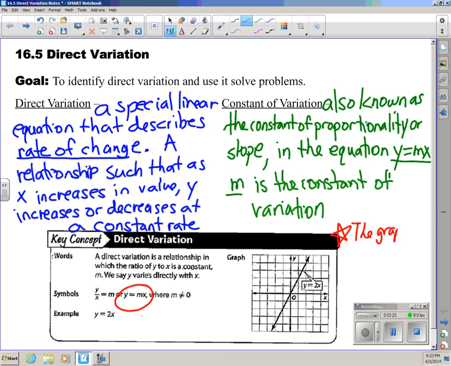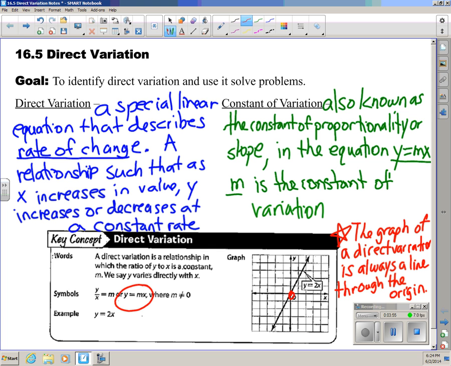The graph of a direct variation is always a straight line through the origin. So notice this goes through the origin, the point 0, 0 in the center there. In order for it to be a direct variation, it has to go through the origin.